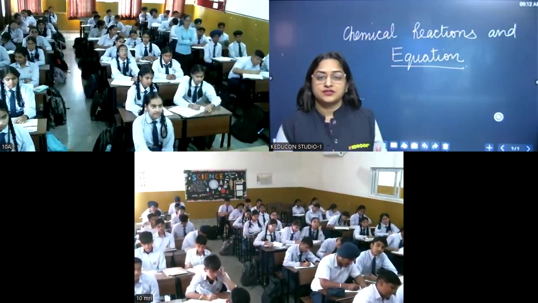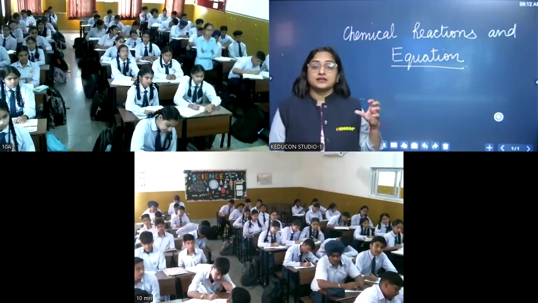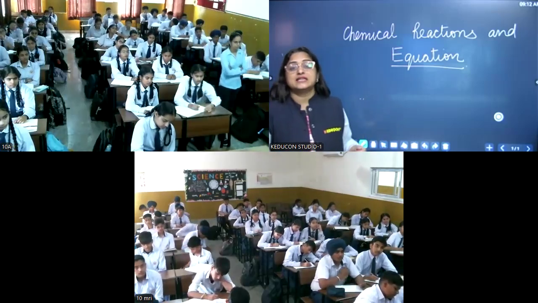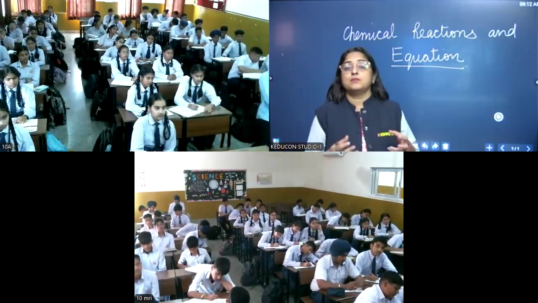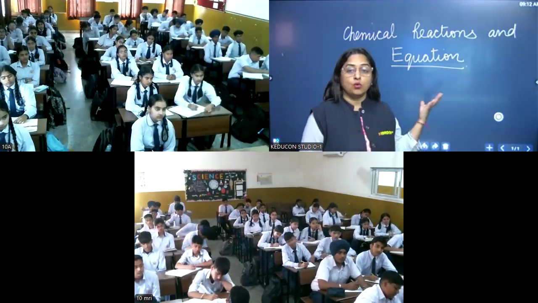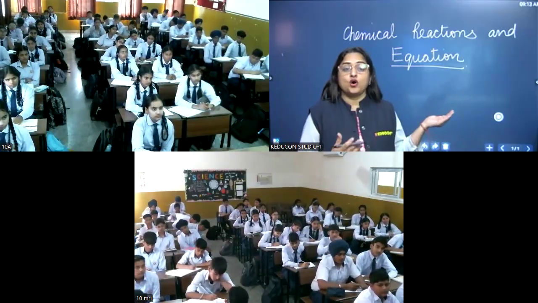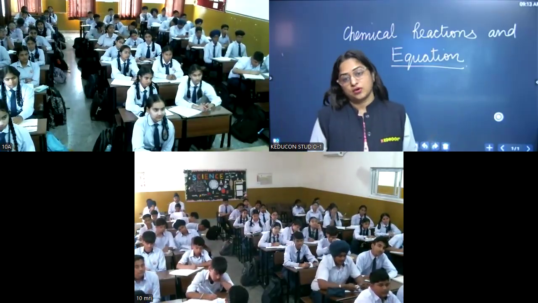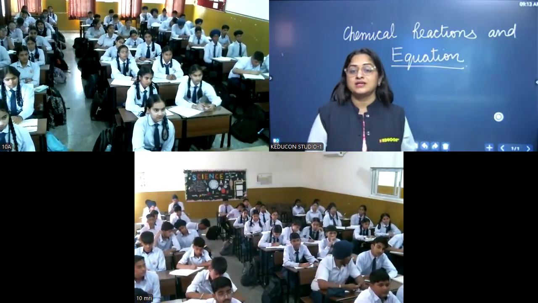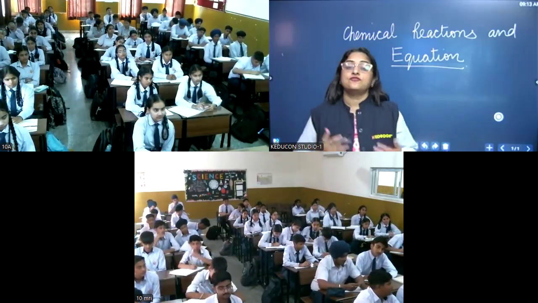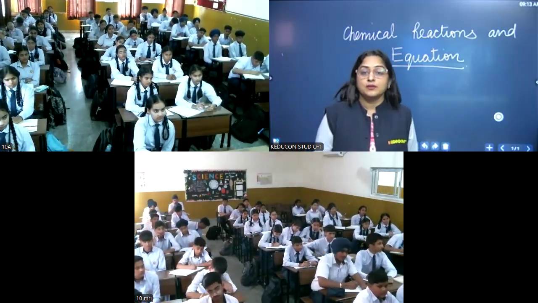There are many kinds of reactions, but if the reactants combine with each other chemically, they break the old bonds and make new bonds, and the new things formed are called products.